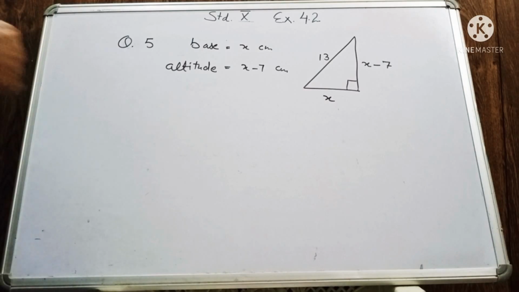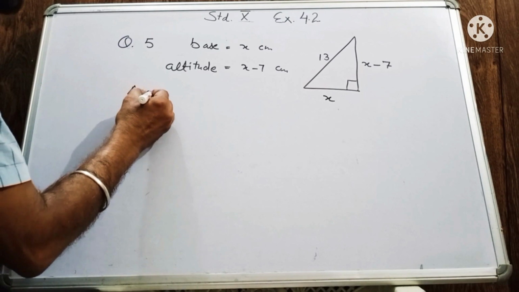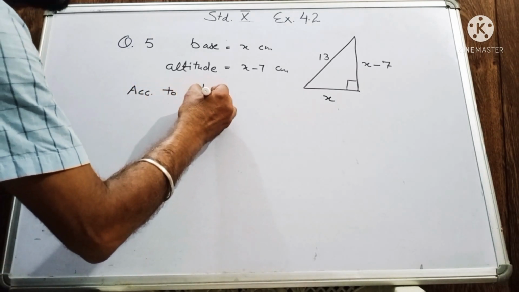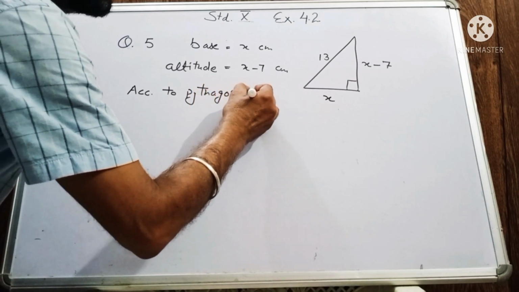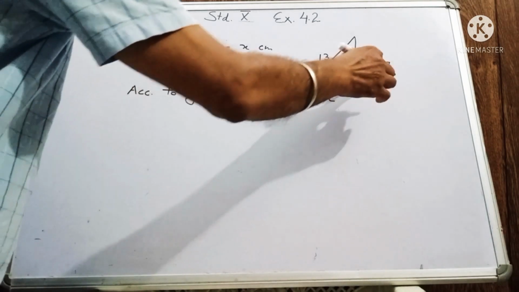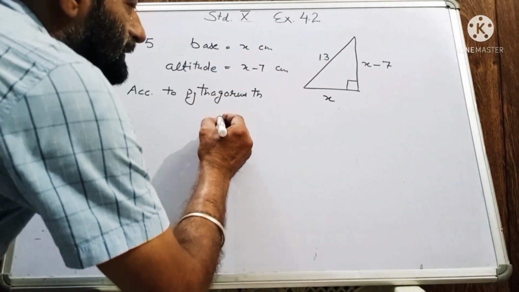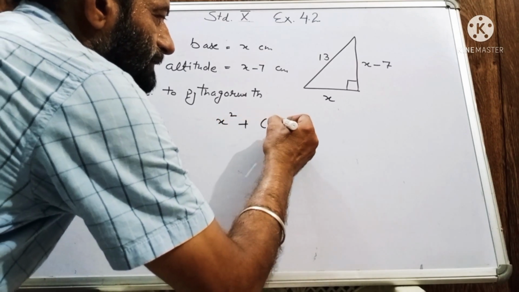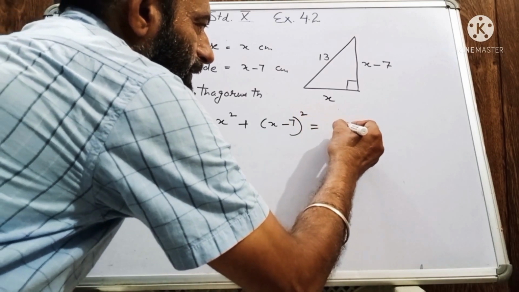So now according to Pythagoras theorem, we can write base square plus altitude square is equal to hypotenuse square. That is x square plus (x minus 7) the whole square is equal to 13 square.